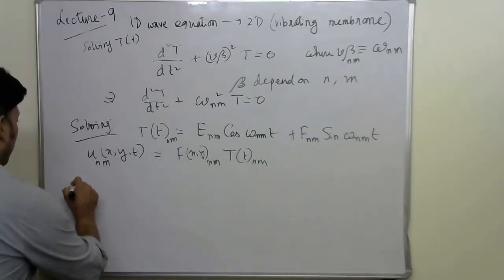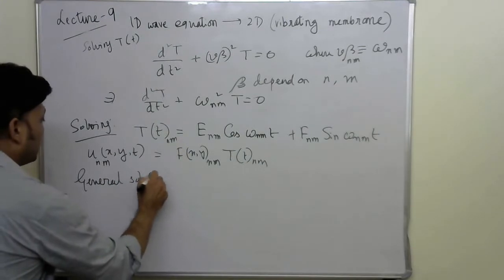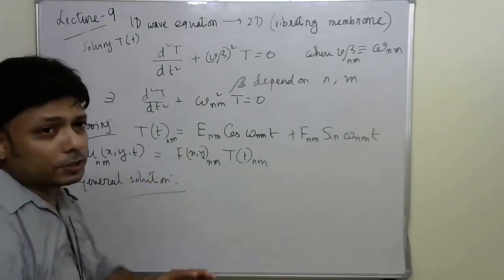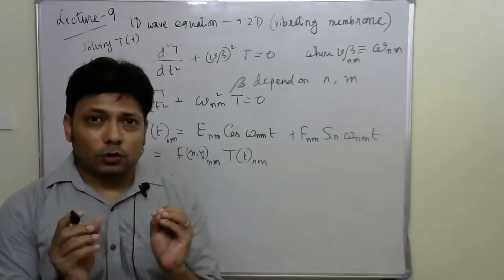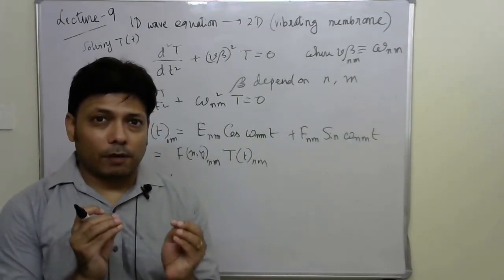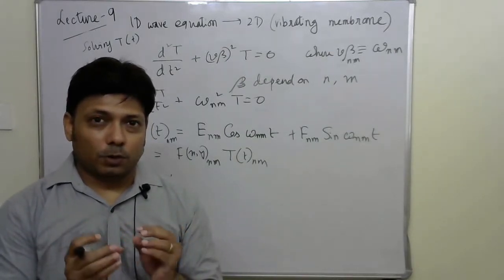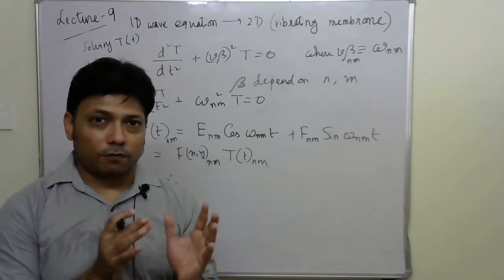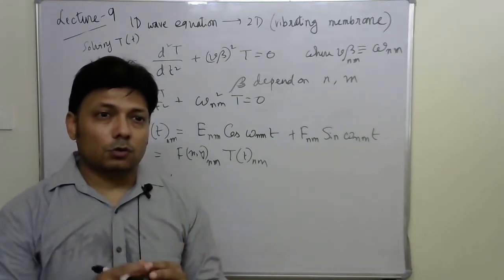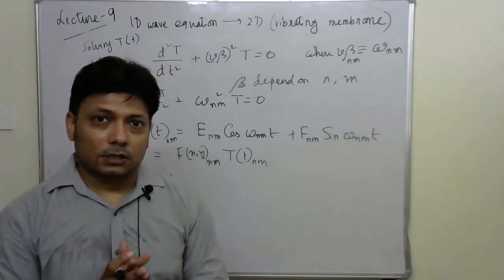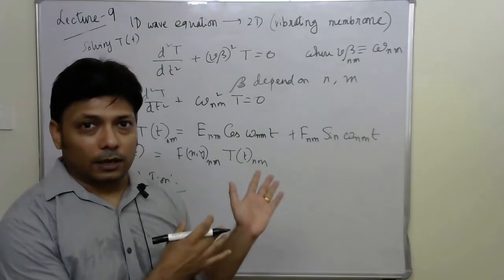So now we can finally write the general solution. General solution means, again, we have to remember the concepts of the one-dimensional equation. It said that not only the individual solutions for a particular value of n and m, but any combination, that means the superposition or the summation of the different solutions corresponding to different n and m, would also generate another solution for the entire equation.